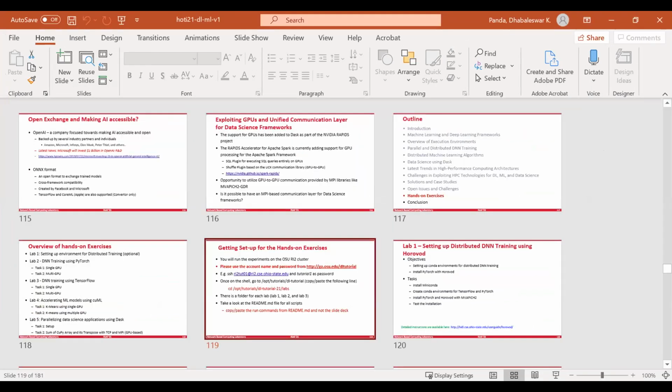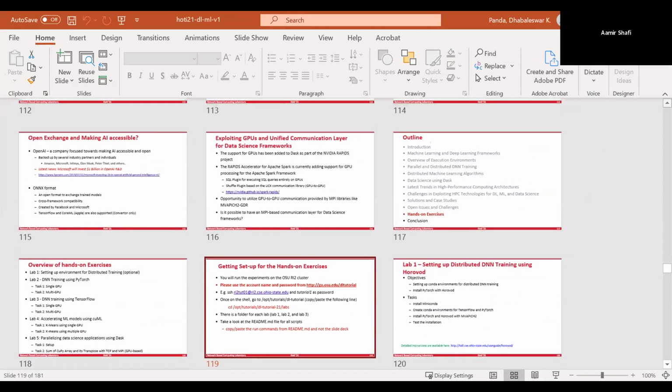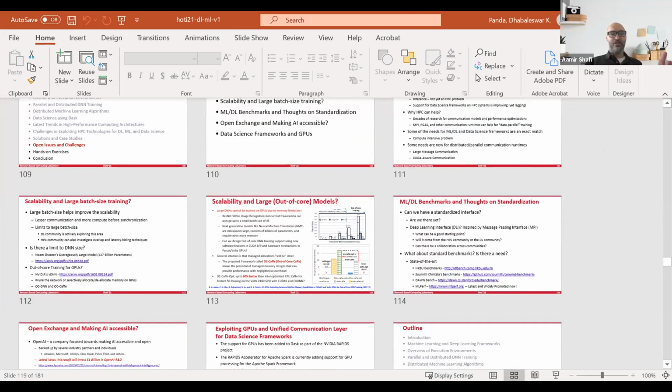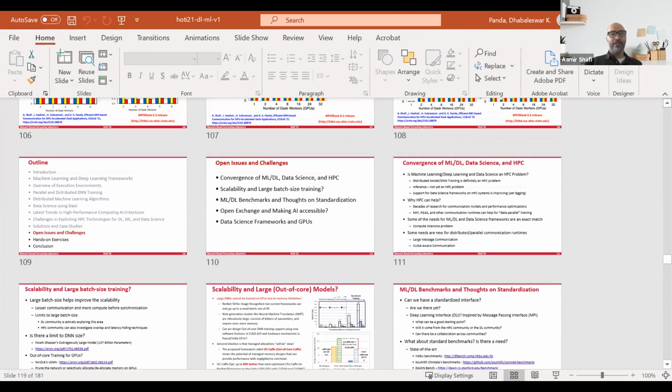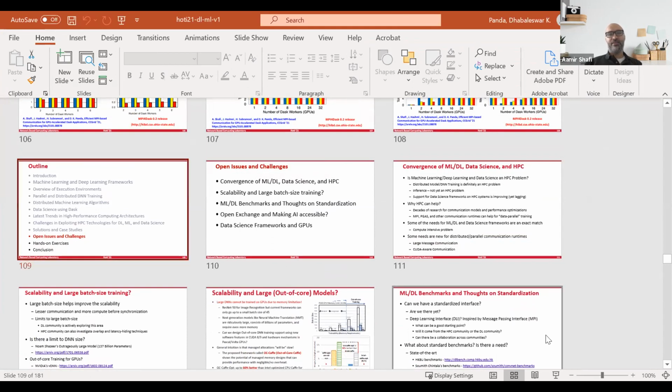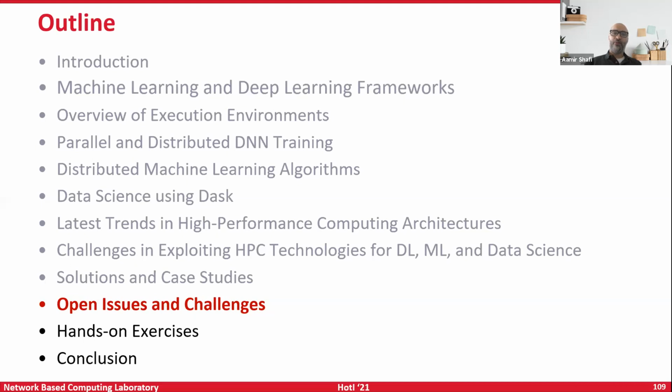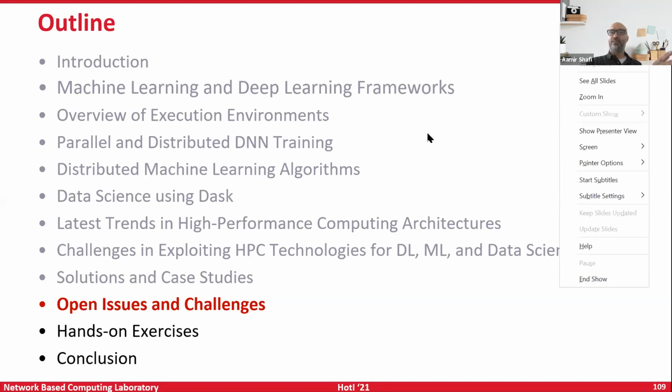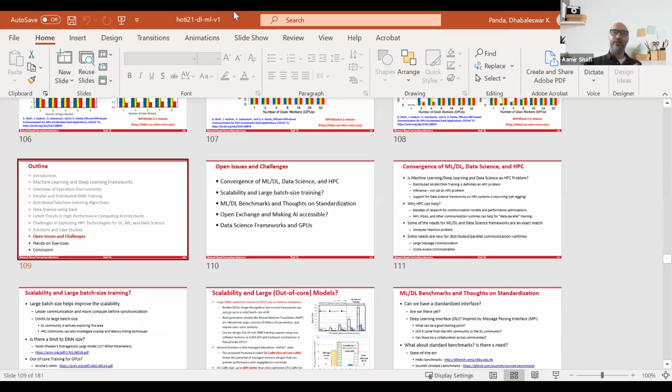Right. So Spark and Dask are two different ecosystems, two competing big data frameworks. Spark typically targets Java and Scala programmers, but recently it also has support for Python. Dask only targets Python developers.